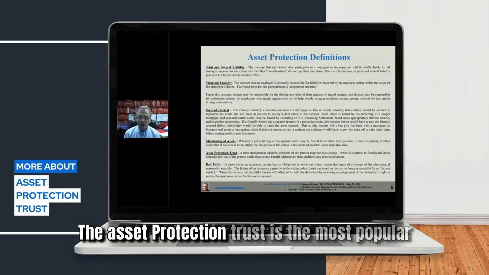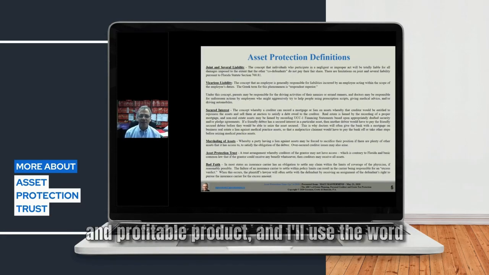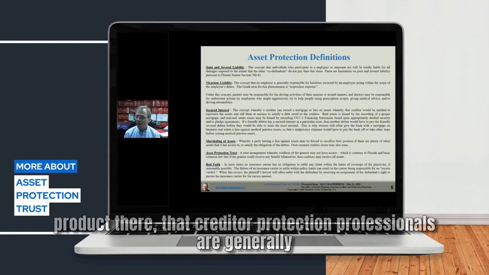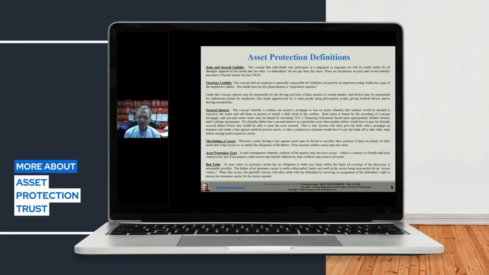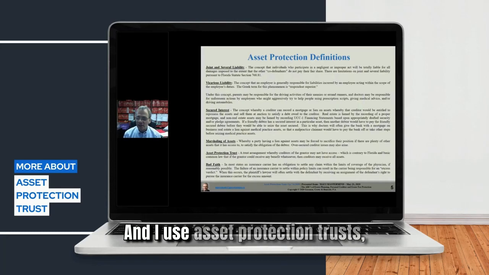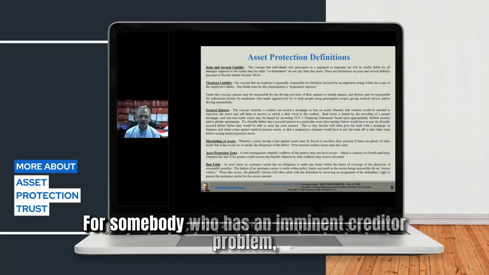The asset protection trust is the most popular and profitable product, and I'll use the word product there, that creditor protection professionals are generally using to protect people's assets. And I use asset protection trusts, but usually not, and almost never, for somebody who has an imminent creditor problem.